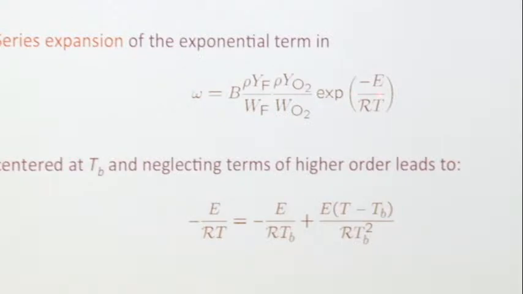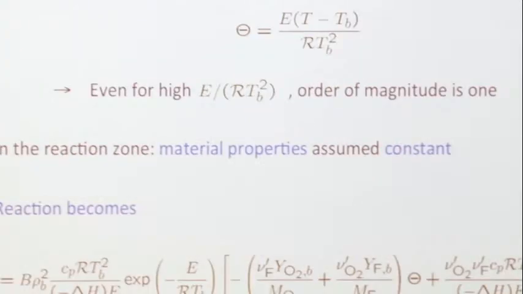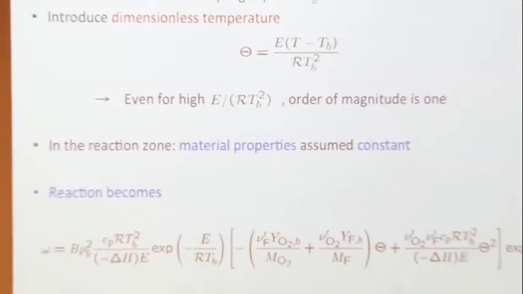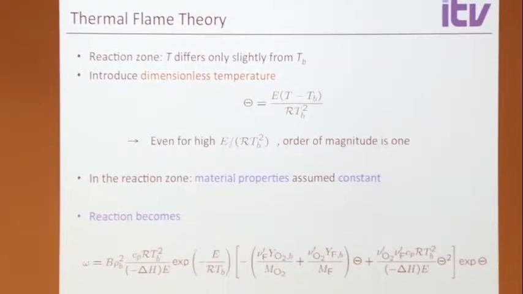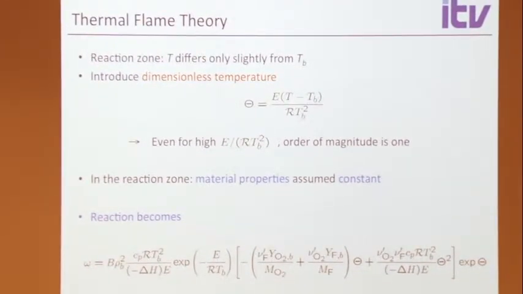So we just take this 1 over T and expand it around T_B. So we get this term, plus the second-order term times T minus T_B. So it's just a linearization of the argument of the exponential. And then the second thing we do is to introduce this non-dimensional temperature, which is the temperature minus T_B.